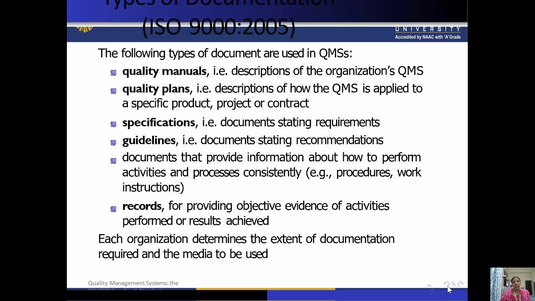Other than that, the quality plans are there, which are descriptions of how the QMS is applied to a specific product, project or contract. So the description related to the QMS application is there in the quality plan.